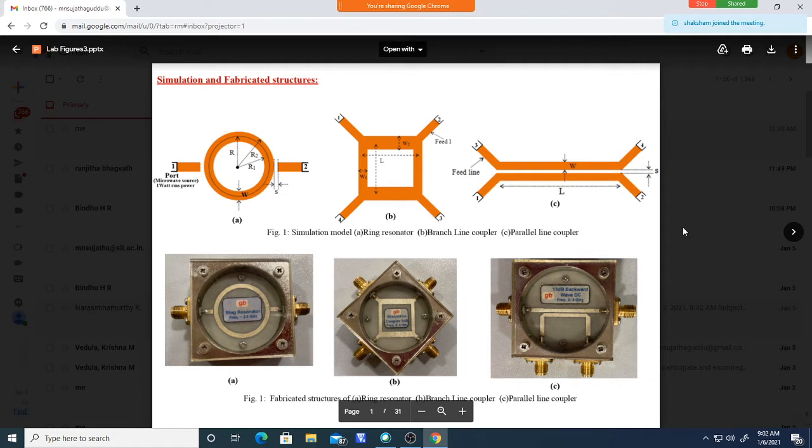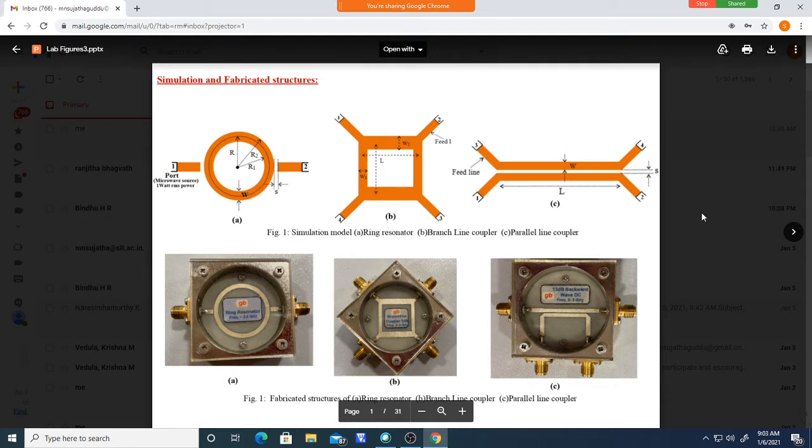Okay, so today's class I'm taking on hardware experiments, those we are supposed to do in the laboratory. In the offline laboratory classes, you are supposed to do hardware experiments. In the hardware experiments, we already did simulations in the simulation laboratory.